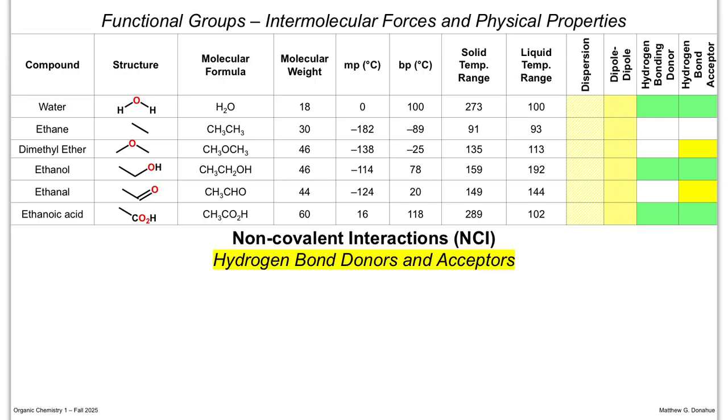So let me just draw out what we mean by these two things that are in green here. Hydrogen bond donor and acceptor. We'll do water. Alcohols and acids both have OH groups, and then conceptually it's similar type of interaction.